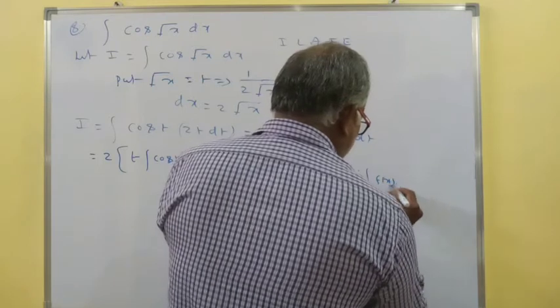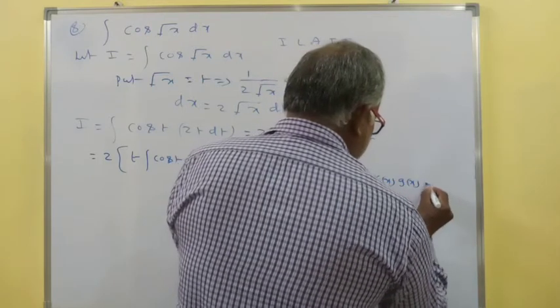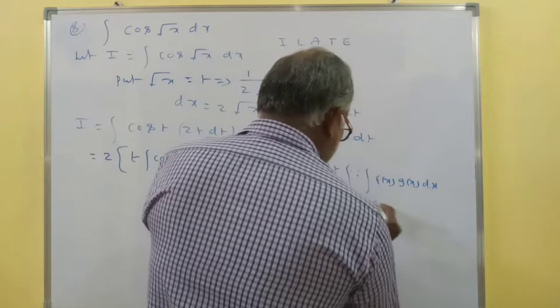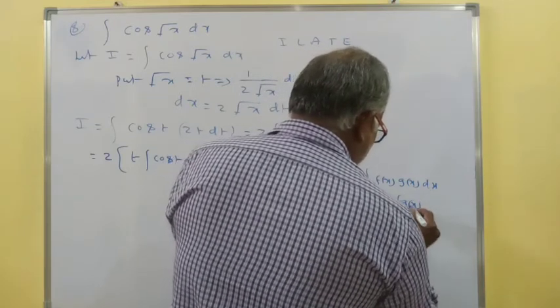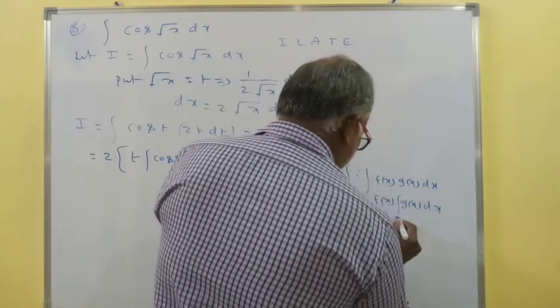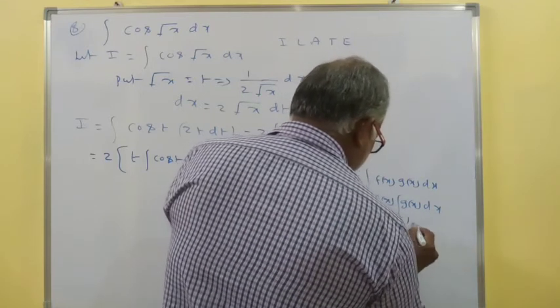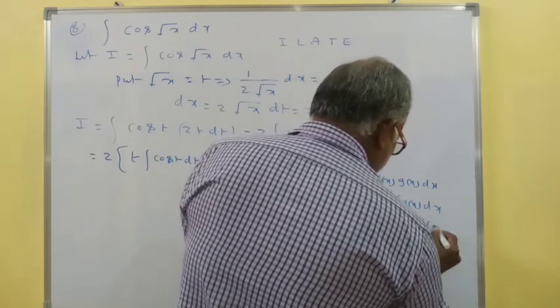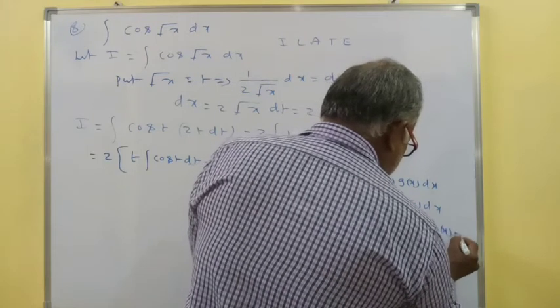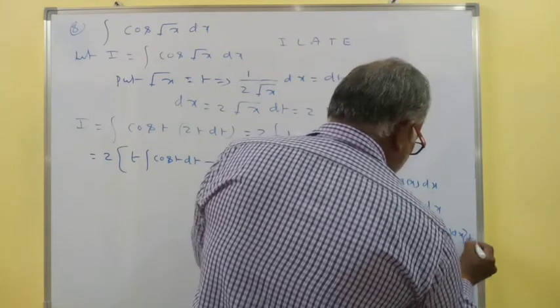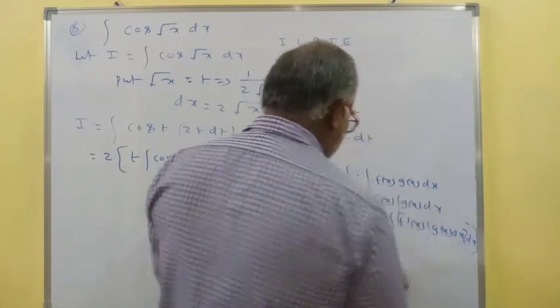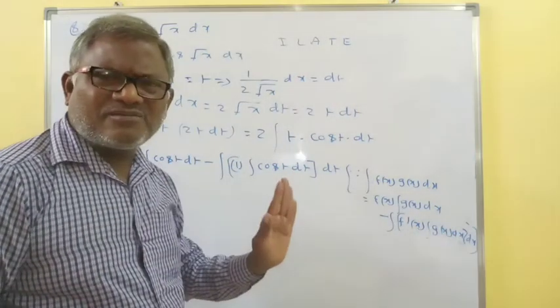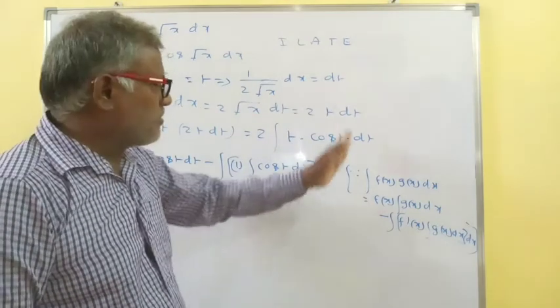The integral of f of x g of x dx is equal to first function into integral of second function minus integral of first function derivative into second function integral. So you should mention the formula, wherever it may be, no problem.